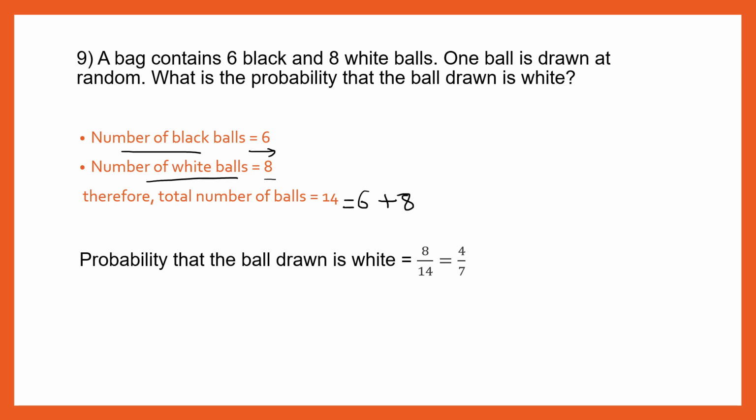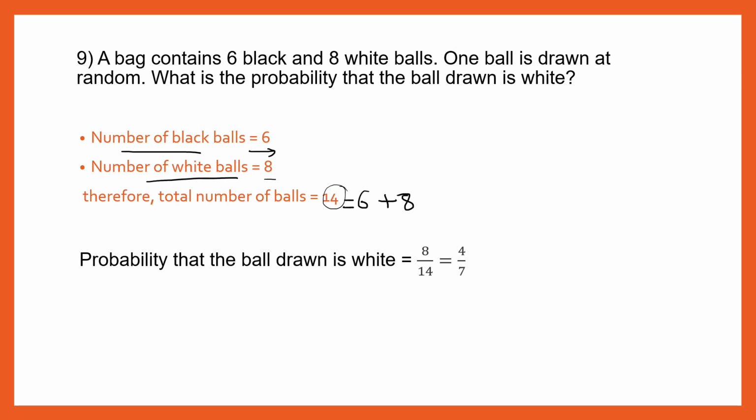One ball is drawn at random. Out of these 14 balls, we are supposed to draw one ball at random. And we have to find the probability that the one ball which we are drawing is white. We need that ball to be white, not any other color.